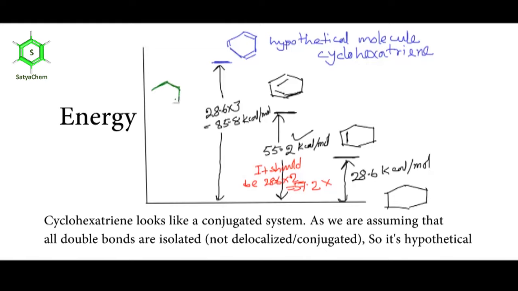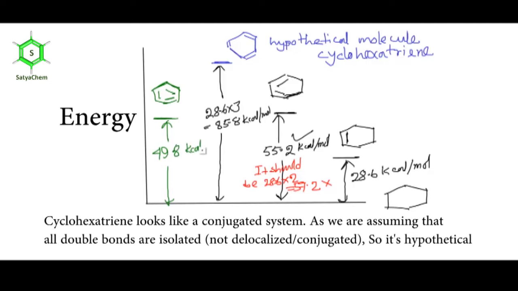Benzene has three double bonds, but the three double bonds are in conjugation with each other, and here the heat of hydrogenation is 49.8 kilocalorie per mole. So the heat of hydrogenation of benzene is less than that of the hypothetical molecule cyclohexatriene, and the difference is 36 kilocalorie per mole.